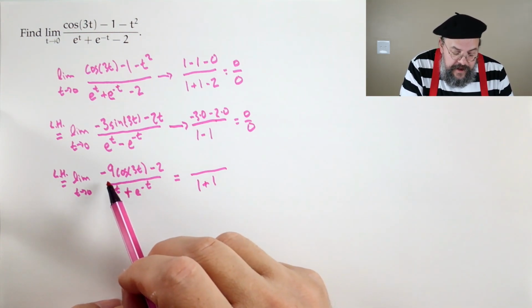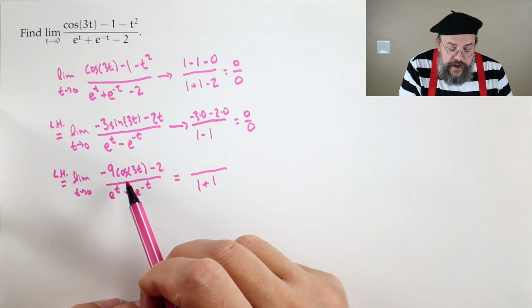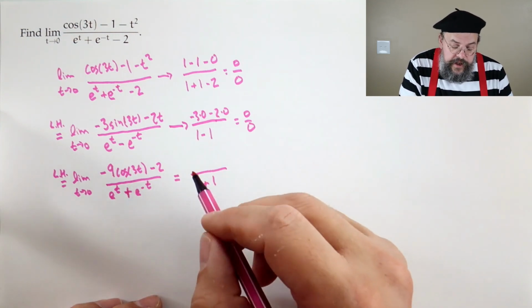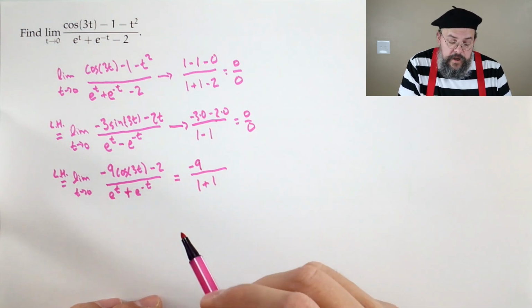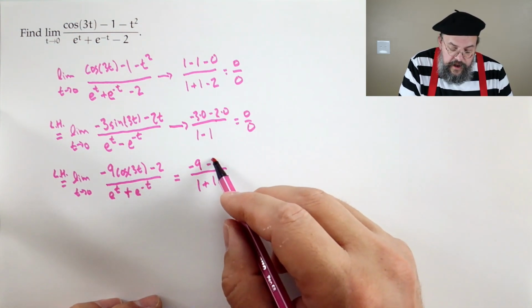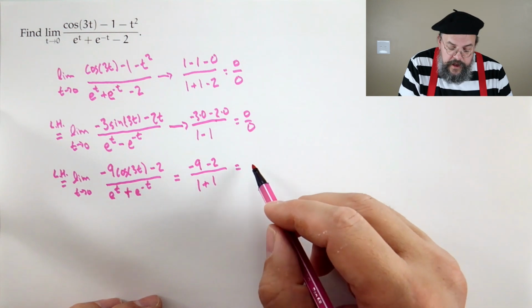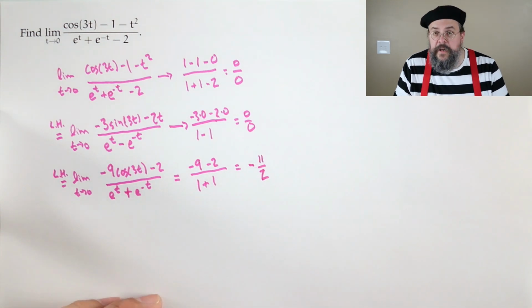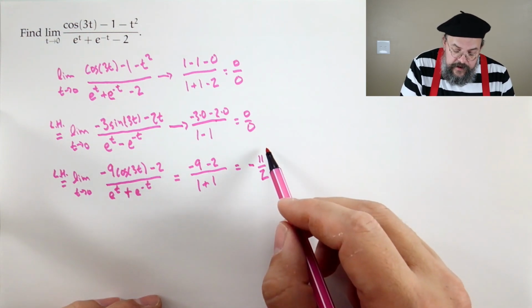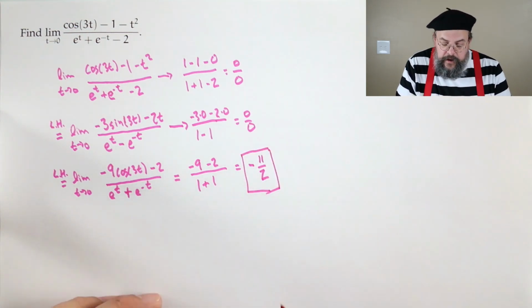Well, you get minus 9 times cosine of 0, so that's minus 9, because cosine of 0 is 1, then minus 2. And so we end up with negative 11 halves. And that's our answer. There you go.